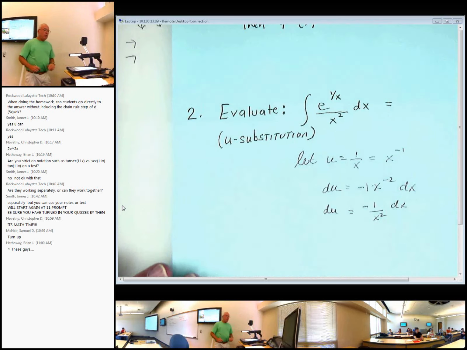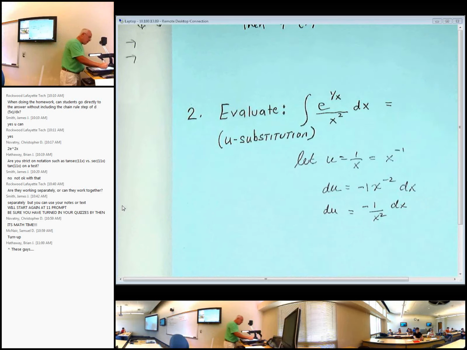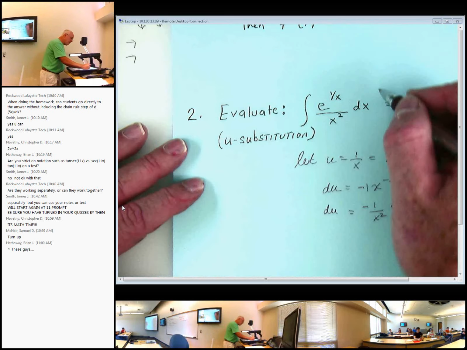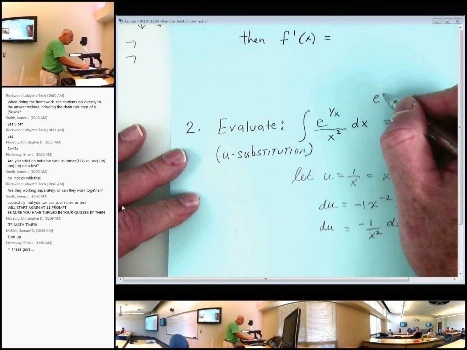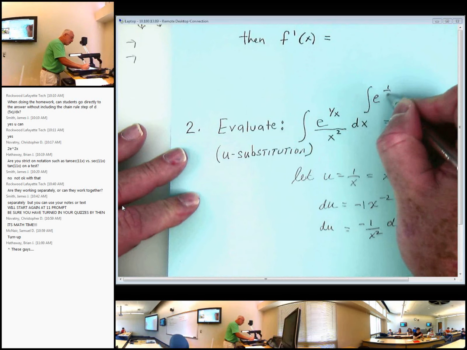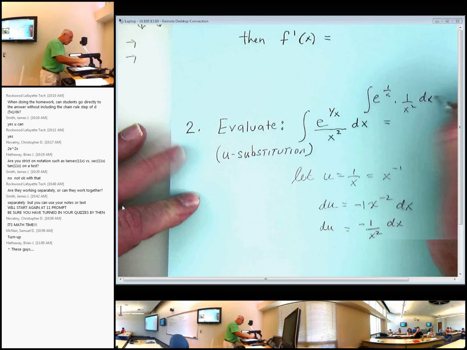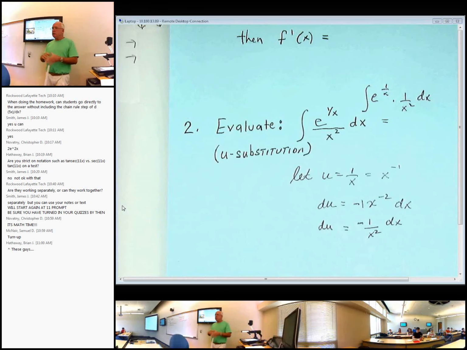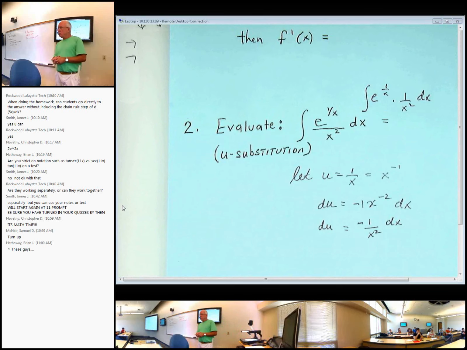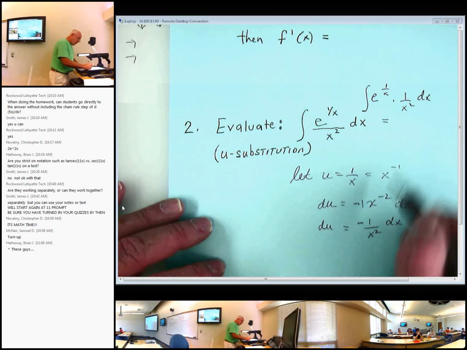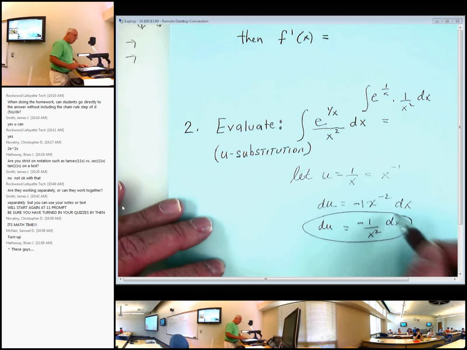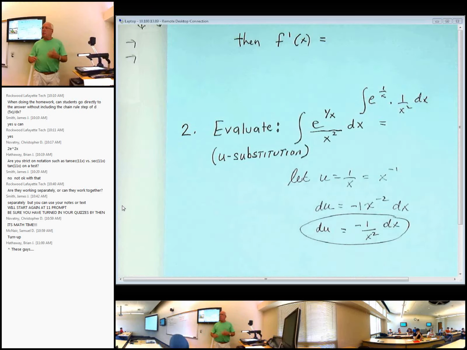And then if we look up here at our integral, this is the integral of e to the 1 over x times 1 over x squared dx. I can just separate it out a little bit, right? So we almost have the 1 over x squared dx. We just have to multiply both sides by negative 1.